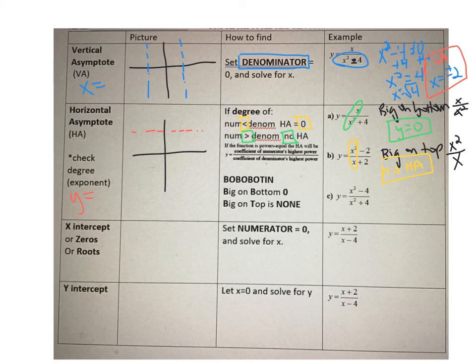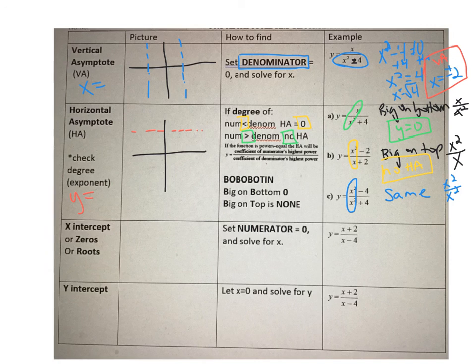So let's look at the bottom one. What do we notice about the bottom one? If we look at the degree, we have squared divided by squared. Because they are the same, we need to look at the coefficients.